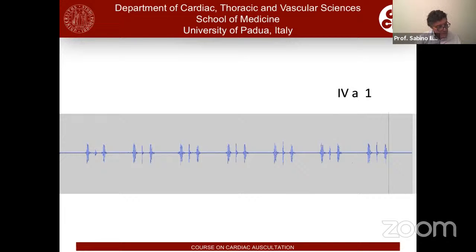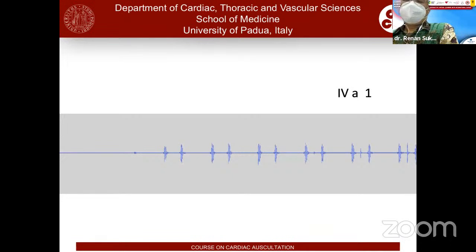So this non-ejection click is a click that is present in mid-systole, and that's the reason why it's called mid-systolic click. So returning to the doubt that arose from the test, I voluntarily prepared that test to try to understand which was the perception from our colleagues in terms of the 3 sounds that are present.